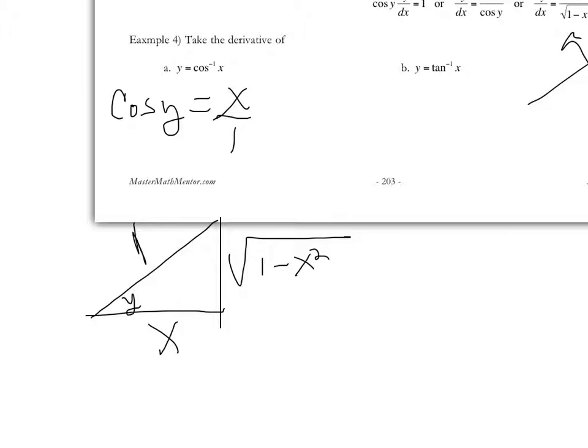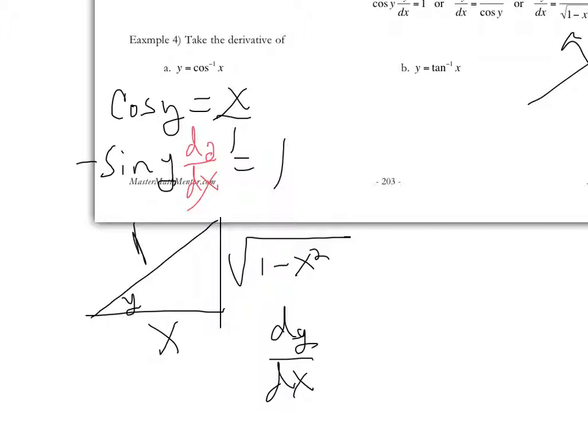Now we're going to take the derivative of both sides. The derivative of cosine of y is negative sine of y times dy/dx, and the derivative of x is 1. So now we're going to divide both sides of this equation by negative sine y. So dy/dx equals negative 1 over the sine of y, which is the same as the negative cosecant of y.